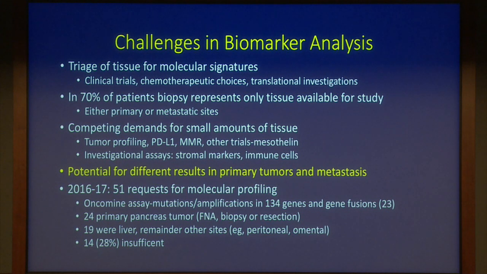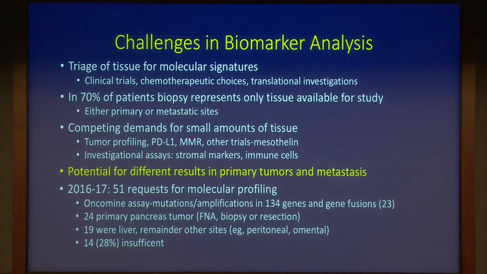So I'd like to move on to talk about challenges in biomarker analysis. And there are basically 2 main challenges. First, as you can imagine, tissue is the issue, the triage of tissue for molecular signatures. So patients sometimes need specific tests in order to be eligible for clinical trials, or to decide, if they're not in a trial, which chemotherapy option might be available to them.